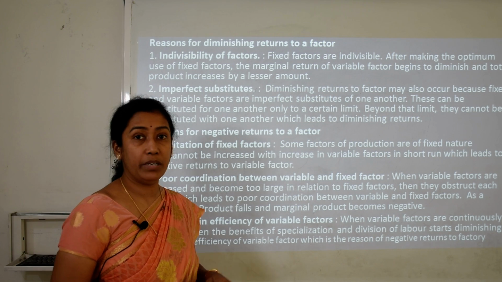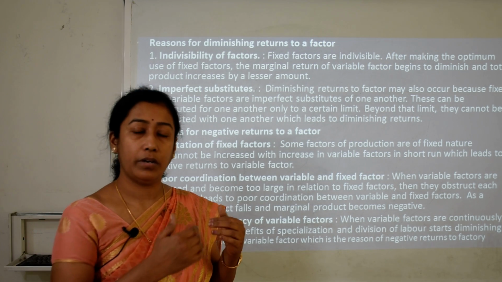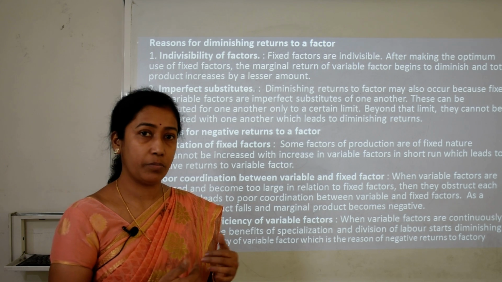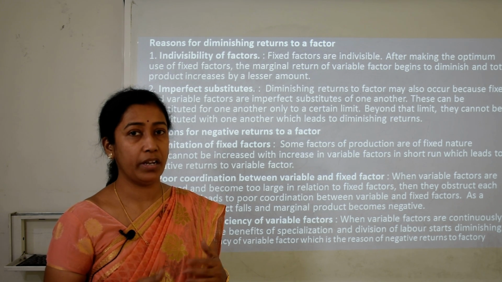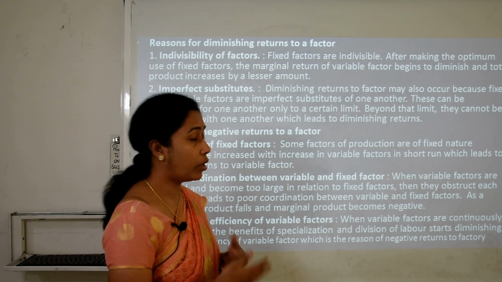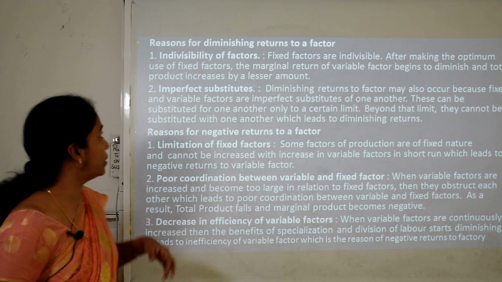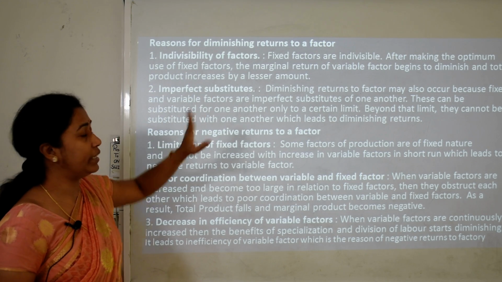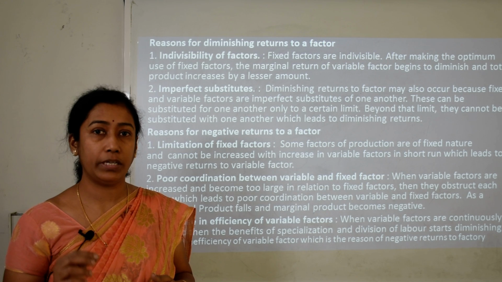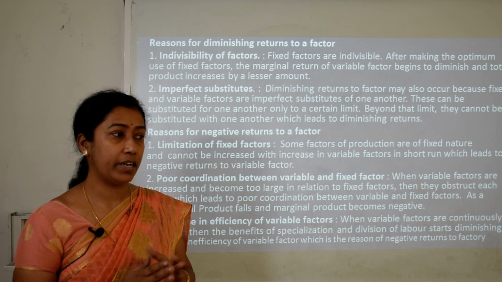Now the reasons for diminishing returns to a factor. We found that marginal product becomes negative after falling, and total product is decreasing or falling. So what are the reasons for those diminishing returns? First is indivisibility of factors. Indivisibility happens only in the case of the fixed factor, which we cannot divide.